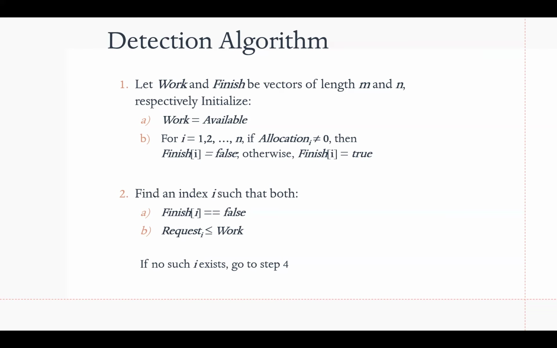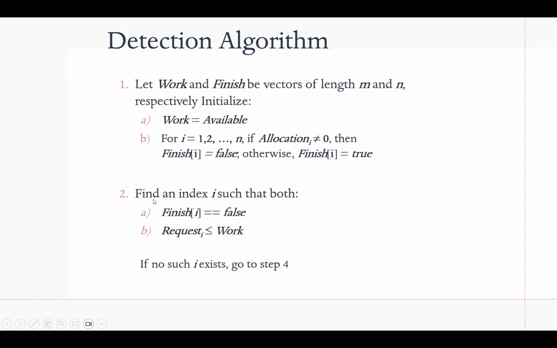All the processes are in the queue waiting to be executed. So we initialize a finish flag for each process as false, because no process has executed yet. Whenever a process gets executed, we make that process's finish flag true.